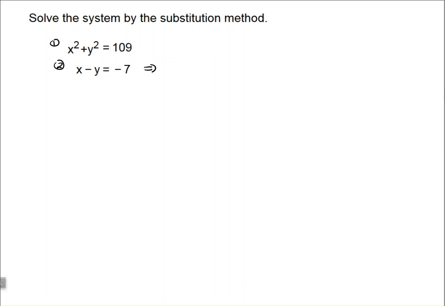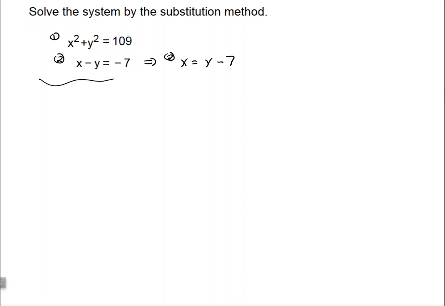So now I'm going to rewrite equation 2. I'm going to add y to both sides. So equation 2, x equals positive y minus 7 by adding y to each side of the equal sign. Now what that allows me to do is to take that information and substitute in for x in equation 1.